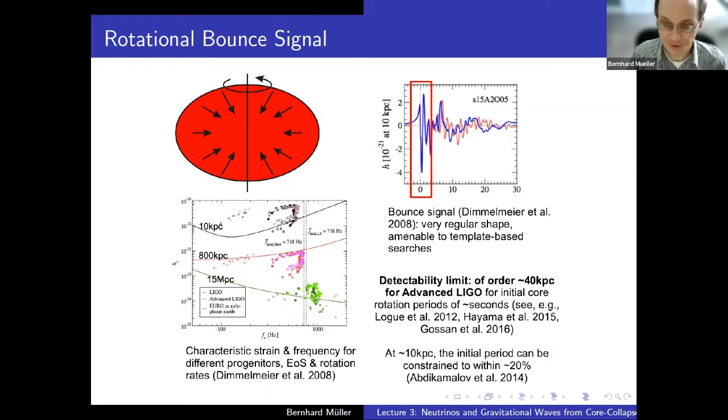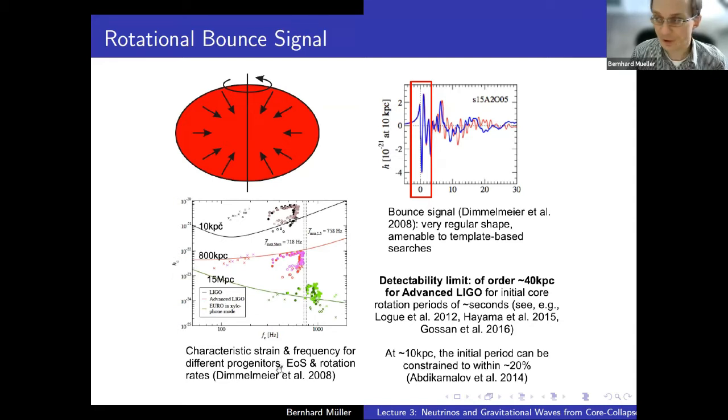We can still be quantitative by looking at plots, but it's more difficult to give you simple scaling relations for why the signal looks a particular way. But let's first see what this rotational bounce signal does.